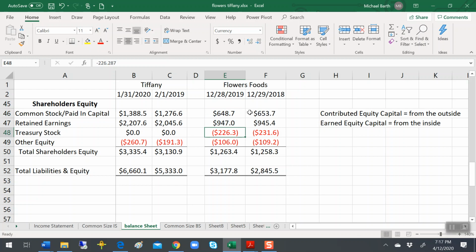If they buy back the shares, that's recorded in treasury stock at what they paid for it. However, this is one of those situations where you don't really know which bucket to take it out of. When they bought back those shares of stock, like they did at Flowers Foods, did they buy back the shares from the retained earnings, or did they buy back the shares that they had sold here?